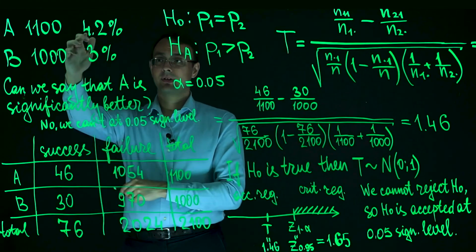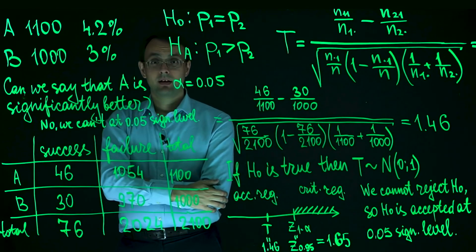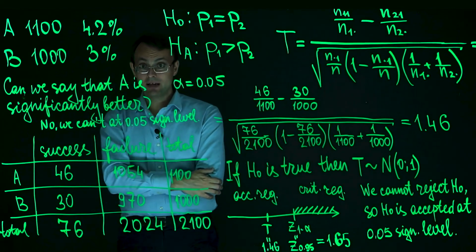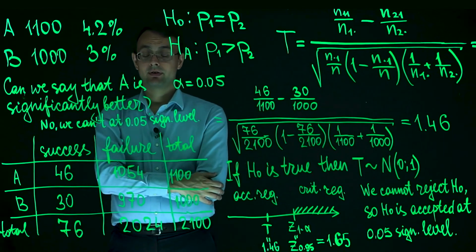If the difference were not 1.2%, but, shall I say, 3%, then we would reject the null hypothesis in favor of the alternative one.